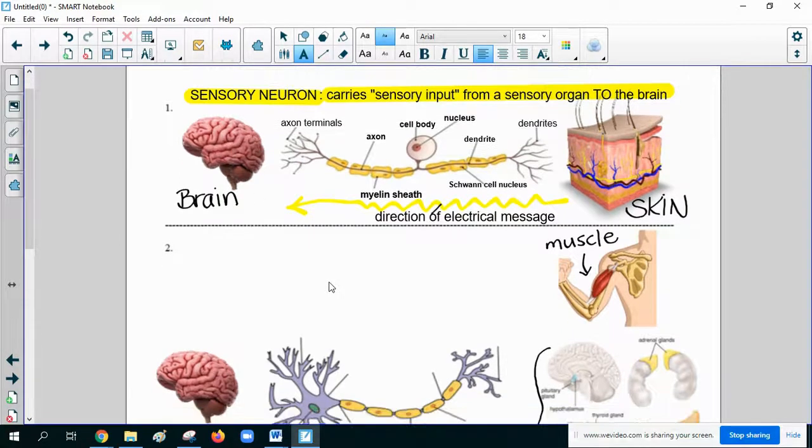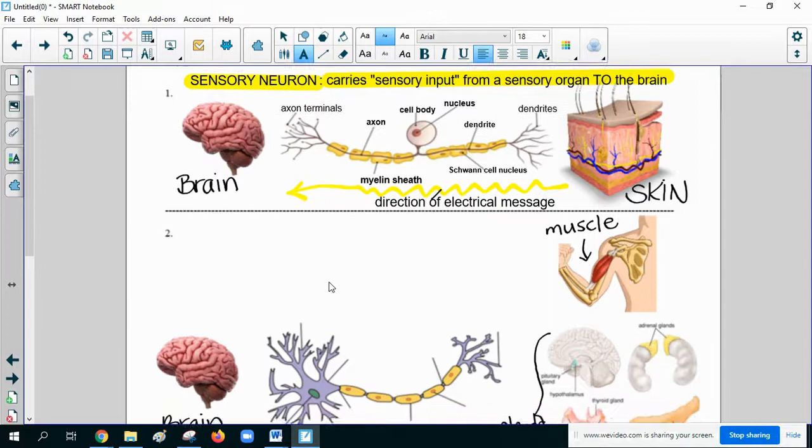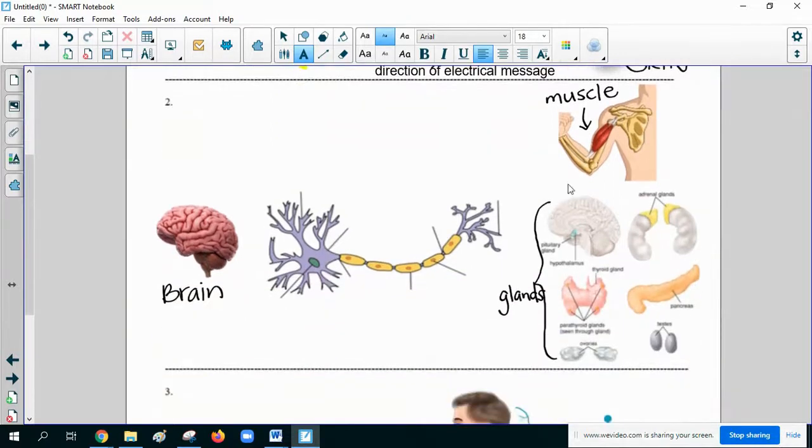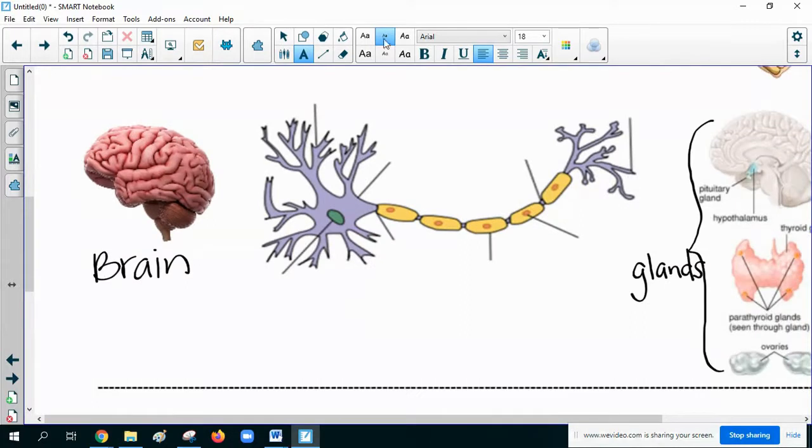The second type of neuron is essentially the opposite and will carry information in the exact opposite direction. So let's go ahead, since we've already labeled a couple things in this section, and label the parts of this neuron. This one's much more standard and recognizable compared to what we learned last time.